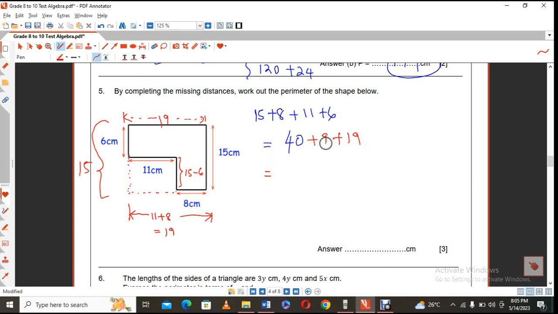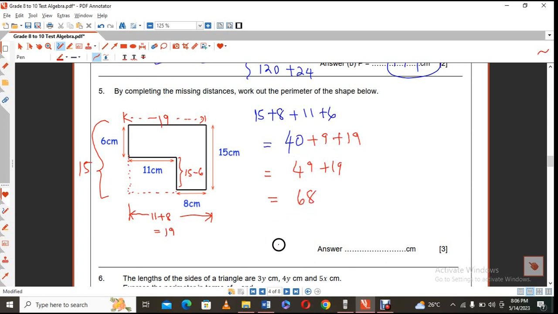So you have got 19 plus 9. Let's just make sure that you do get the correct answer. So that's 15 plus 8, that's 23, plus 11 is 34, 34 plus 6 is 40, 40 plus 9 is 49, plus 19, 9 plus 9 is 18, so I get 68.